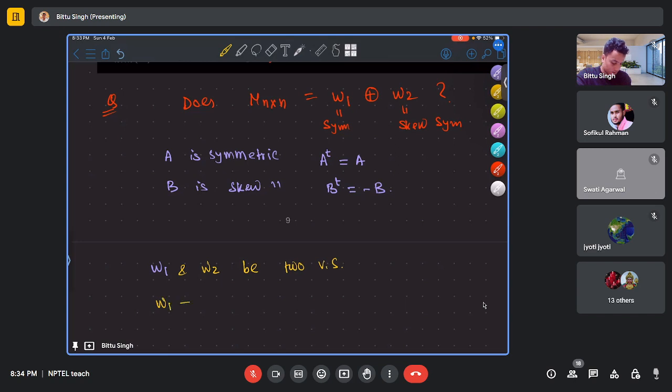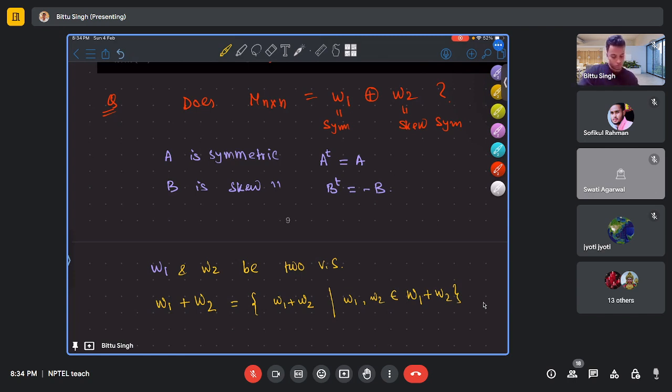We can define their sum W1 plus W2 in this way: it will be the set of all w1 plus w2, such that w1 belongs to W1 and w2 belongs to W2.